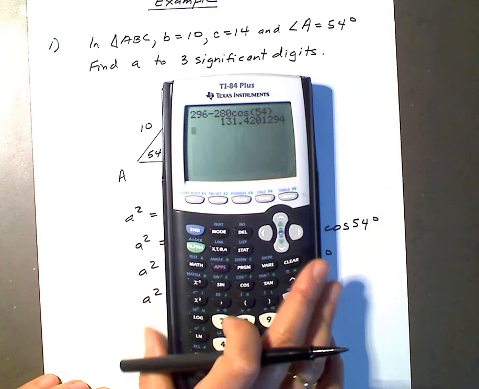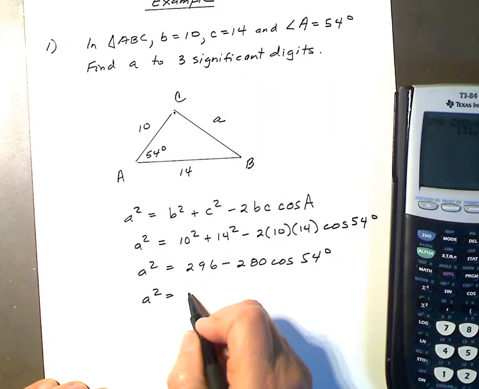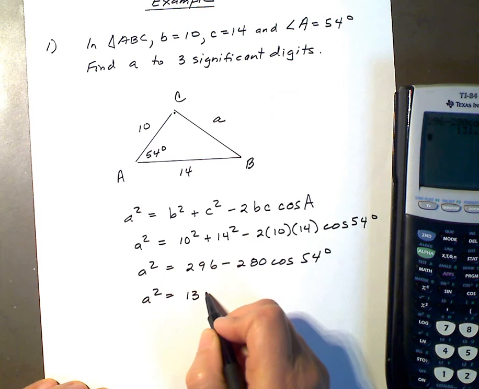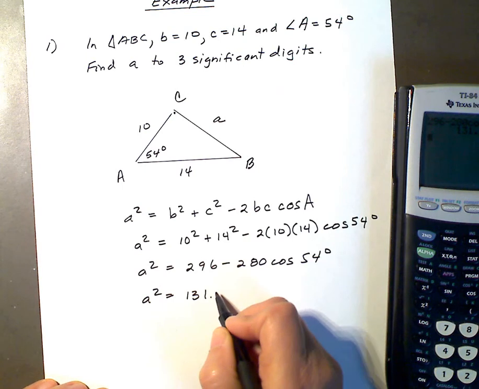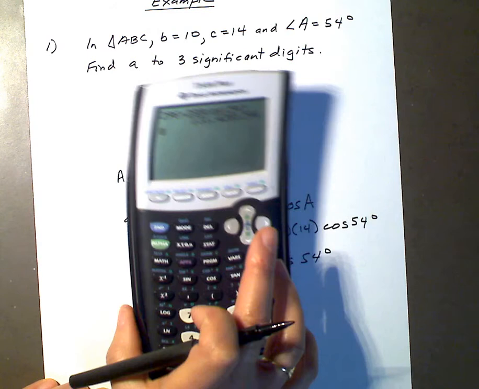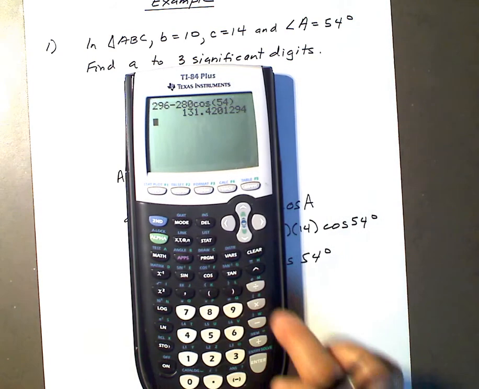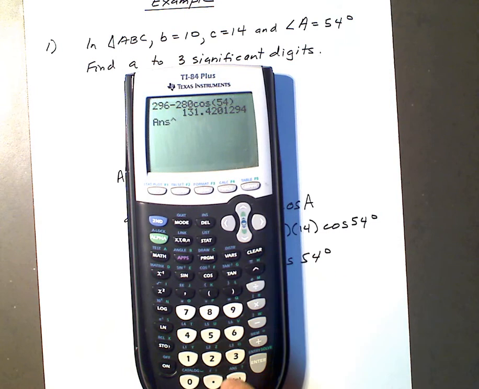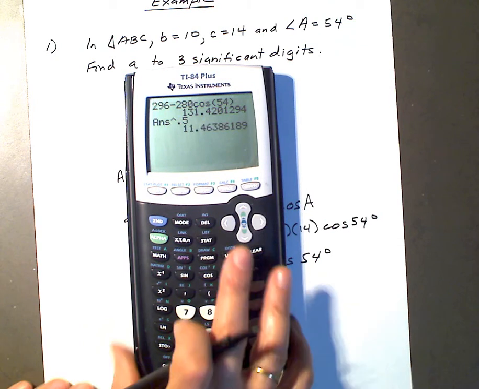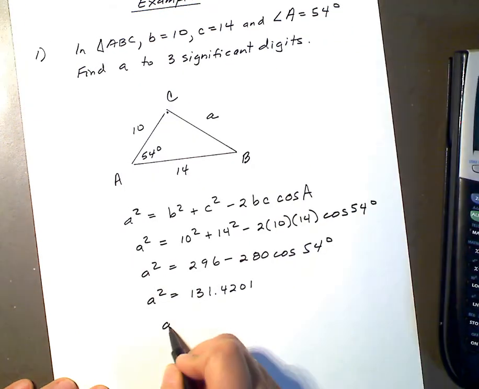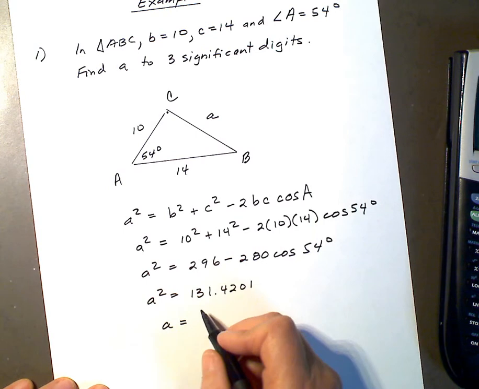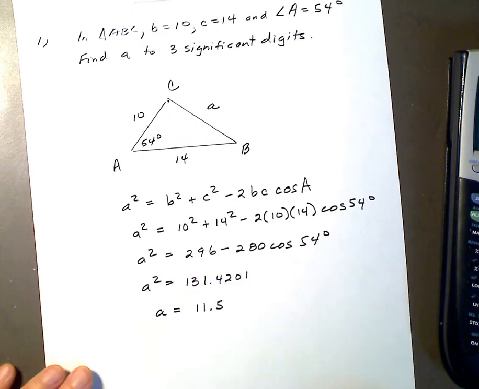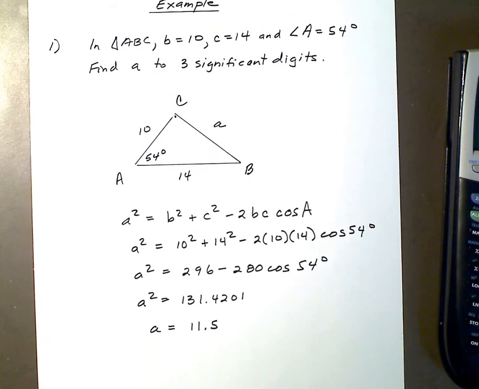I'm just going to write this out 4 places to the right of the decimal point, because I'm leaving it in my calculator unrounded, and then I'm going to take the square root of that. So I know taking the square root is the same as raising something to the 1/2 power. So I'll just do that, and I get 11.46. So to 3 significant digits, this would round to 11.5 units. So side A is 11.5 units long.